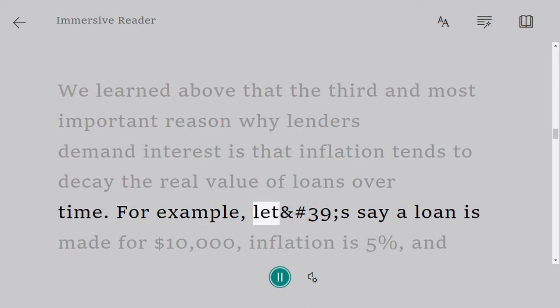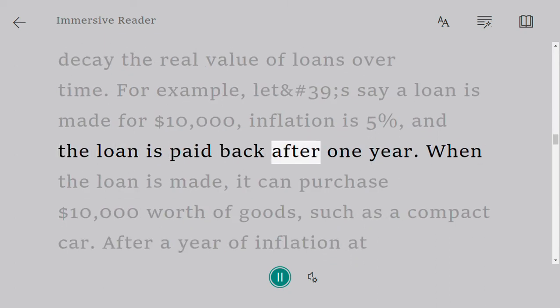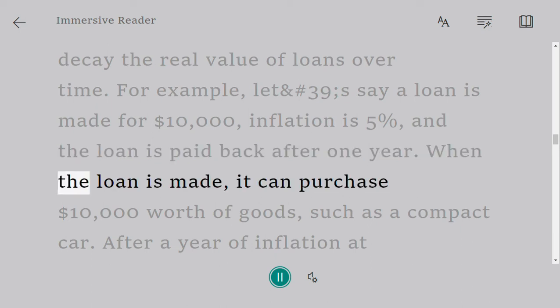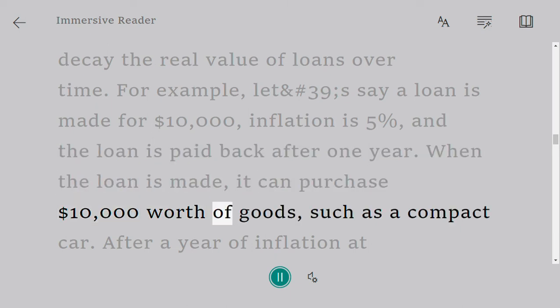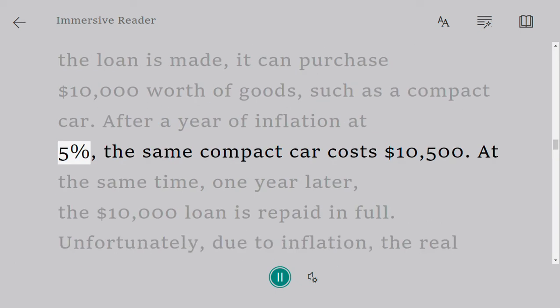For example, say a loan is made for $10,000, inflation is 5%, and the loan is paid back after 1 year. When the loan is made, it can purchase $10,000 worth of goods, such as a compact car. After a year of inflation at 5%, the same compact car costs $10,500.